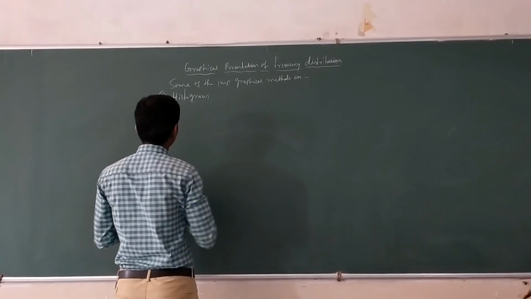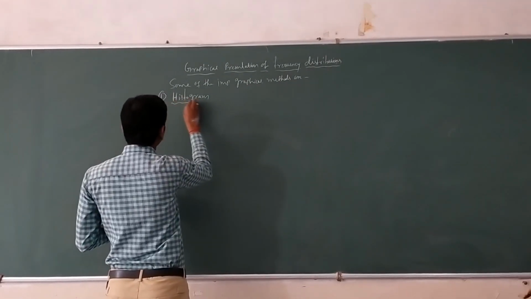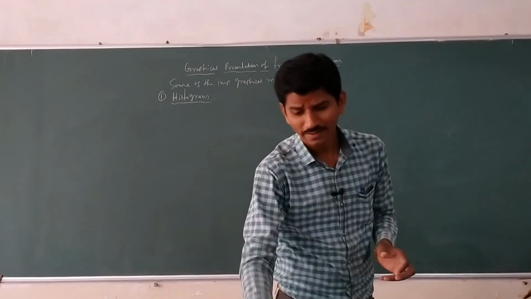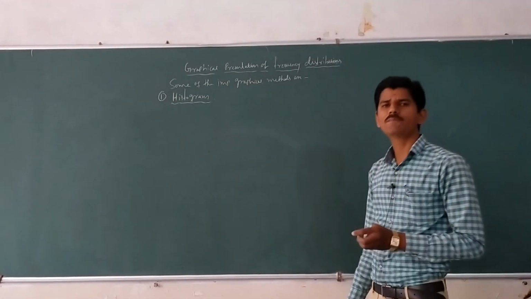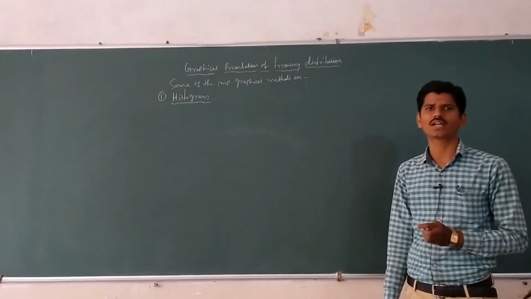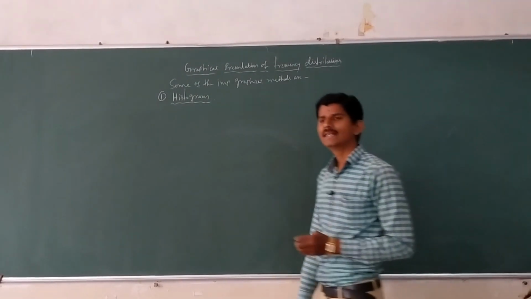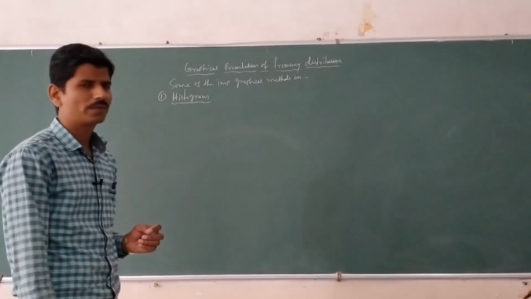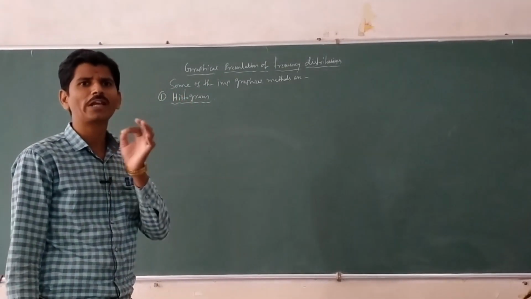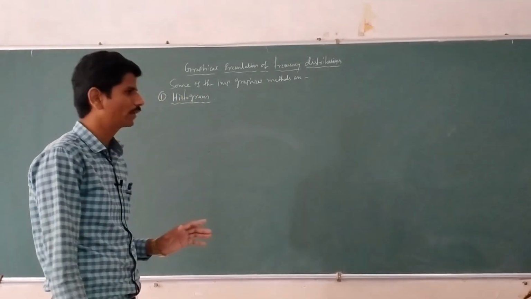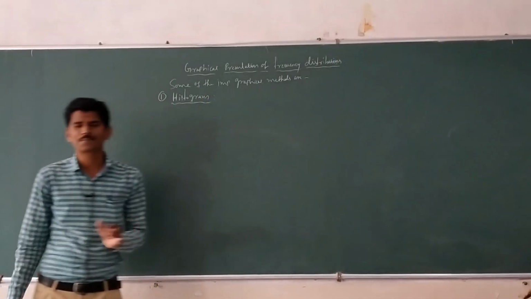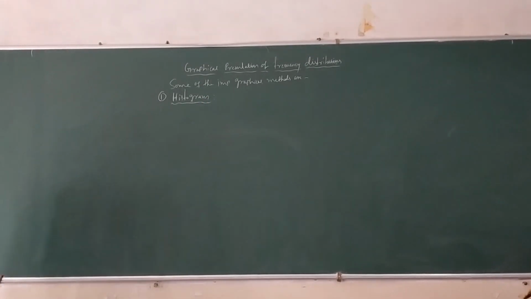Here, what is a histogram? A histogram is a graphical representation of a frequency distribution. The graphical representation of a frequency distribution is called a histogram. It can be shown graphically.